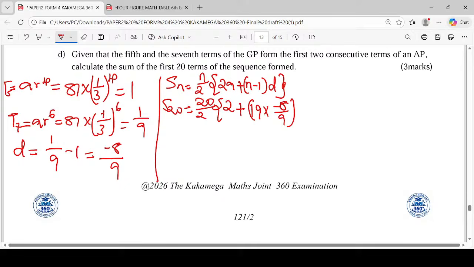I hope I'm doing it right. So when you reach here, what are we going to have? This will be 10 into 19 times negative 8 over 9 plus 2, which is negative 134 over 9.